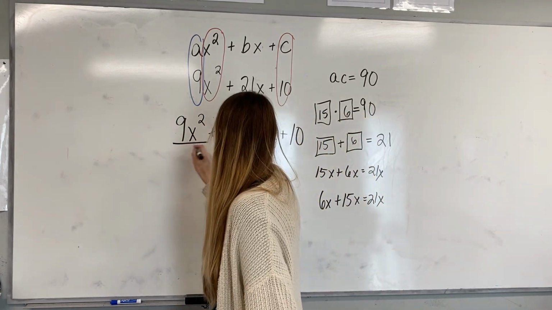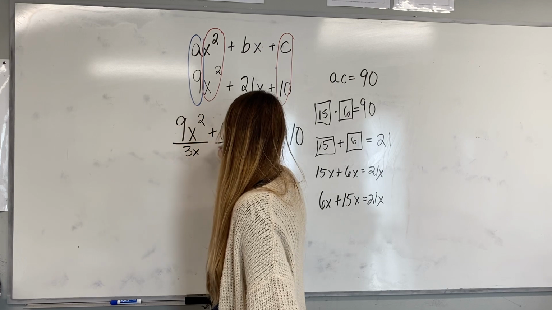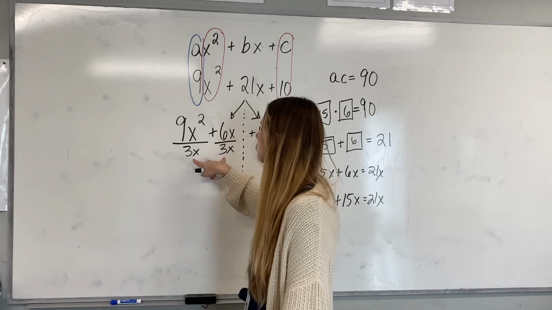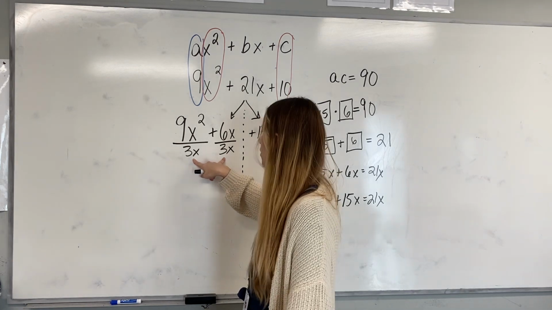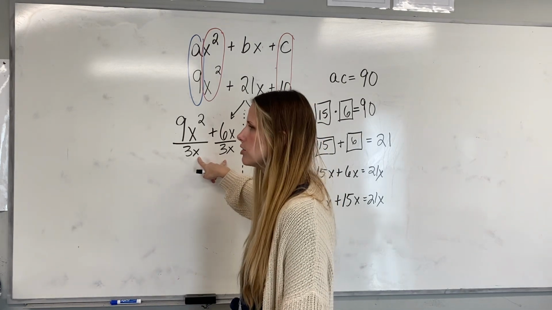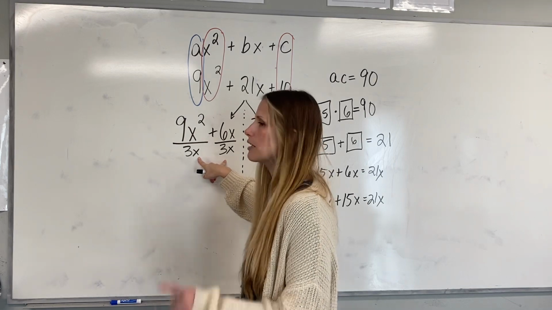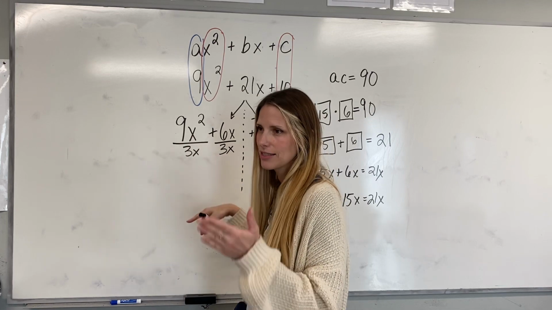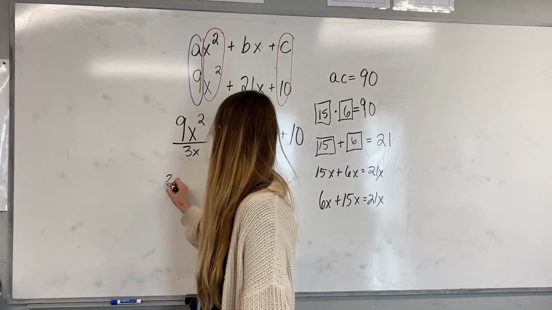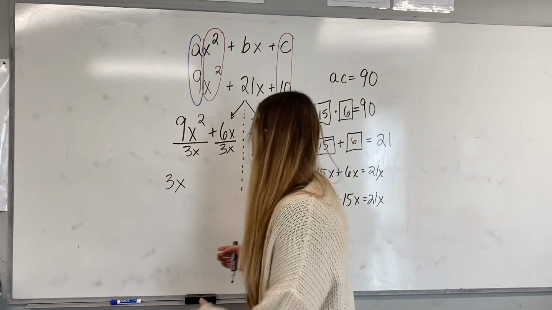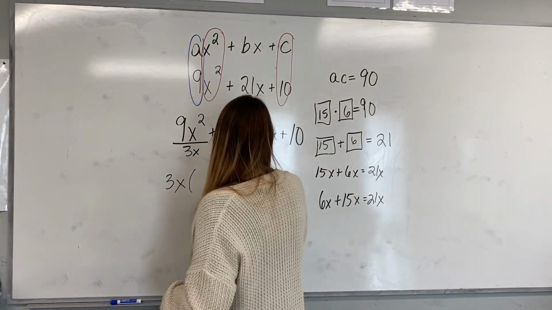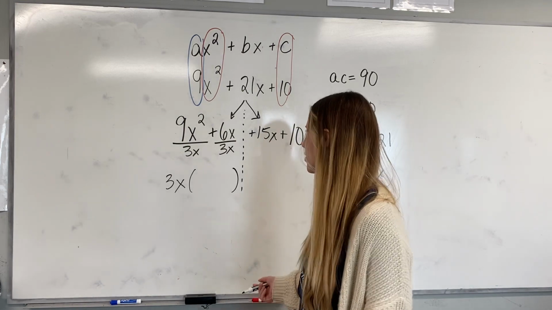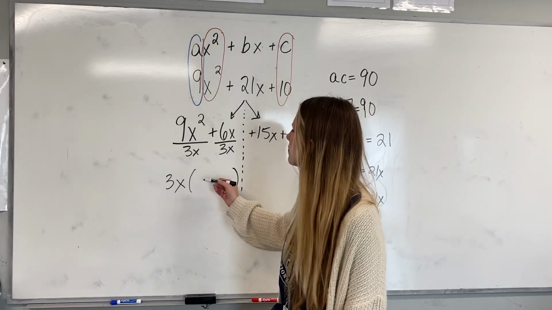So 3x is the greatest number that they can both be divided by, the greatest common factor. So when I factor out my GCF, that becomes one of my factors, and when I divide, I get the rest, or my other factor. What do I get here?